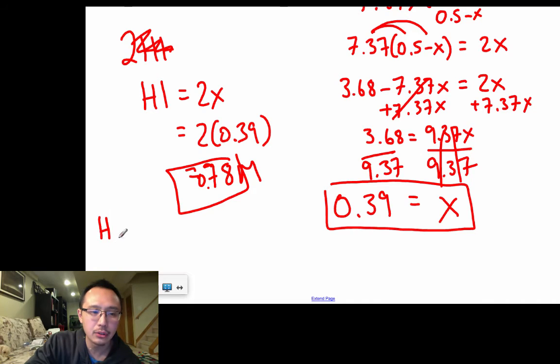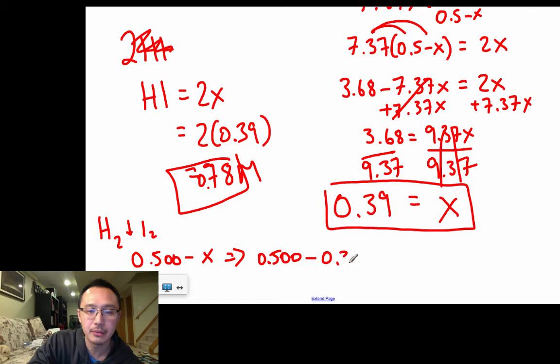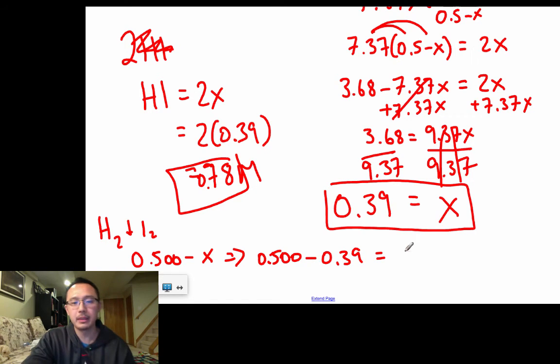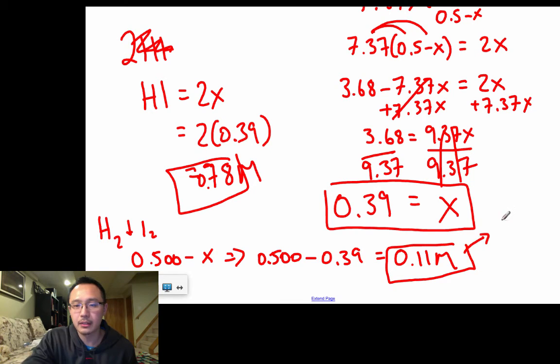And my H2 and I2 is 0.500 minus x, which is 0.500 minus 0.39. This will give me an answer of 0.11 molarity. So this is the concentration of H2 at equilibrium, and this is going to be the concentration of I2 at equilibrium.